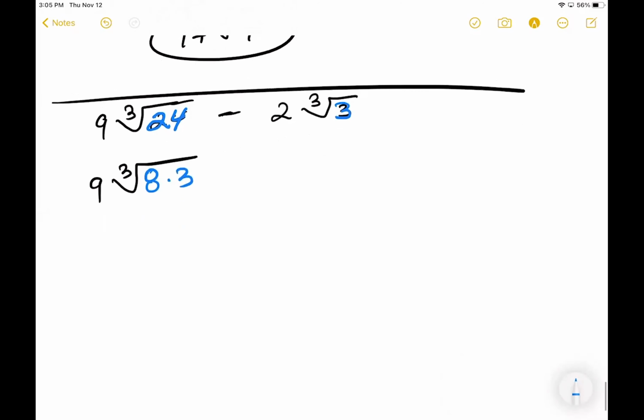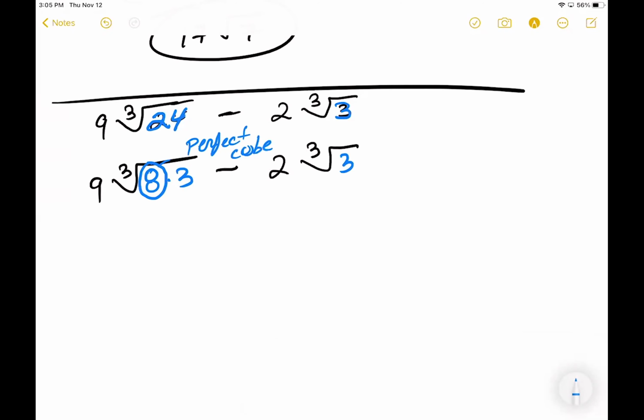And what is this way? Well, do you agree that 24 is 8 times 3? And why do I use 8? Because hopefully you guys say that 8 is a perfect cube, right?